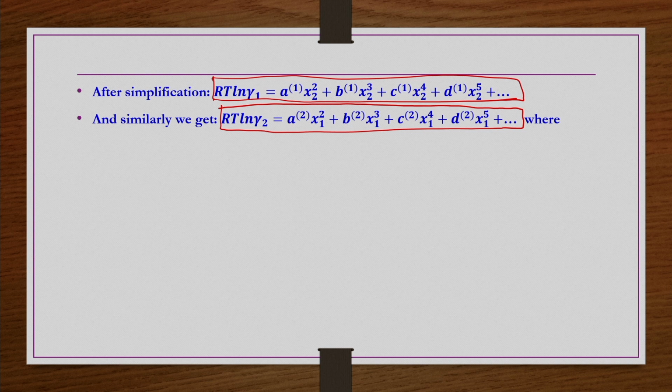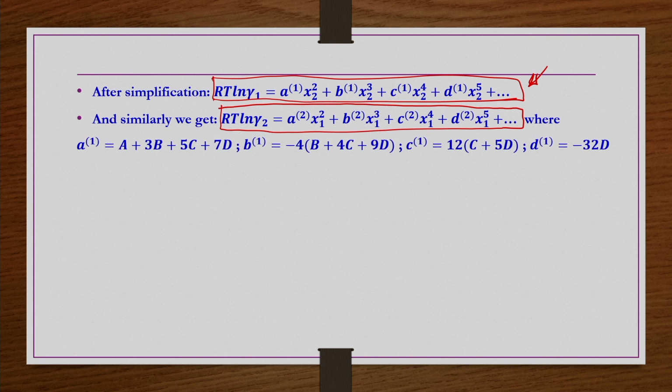So now here what are these A1, B1, C1, D1 and A2, B2, C2, D2? After simplification you rearrange that expression in this form, so that the factors of all x2 square terms you group together as A1. Similarly, the factors of all x2 cube terms you group together as B1, like that. Then what are those A1, B1?